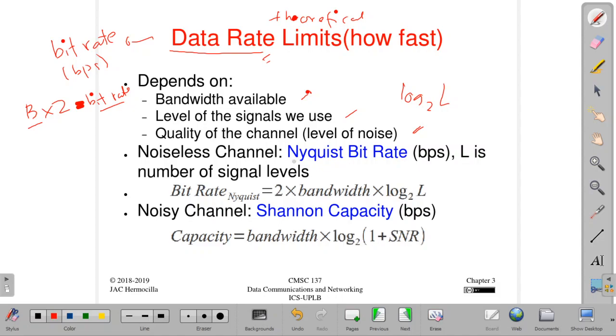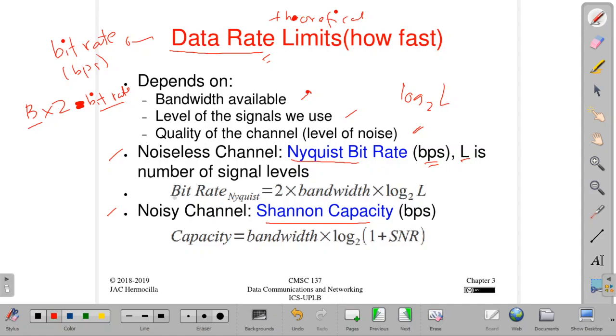The first one is the Nyquist bitrate, which is for a noiseless channel, and then we have the Shannon capacity, which is for a noisy channel. So in the Nyquist bitrate, the unit is bits per second, and L is the number of signal levels.